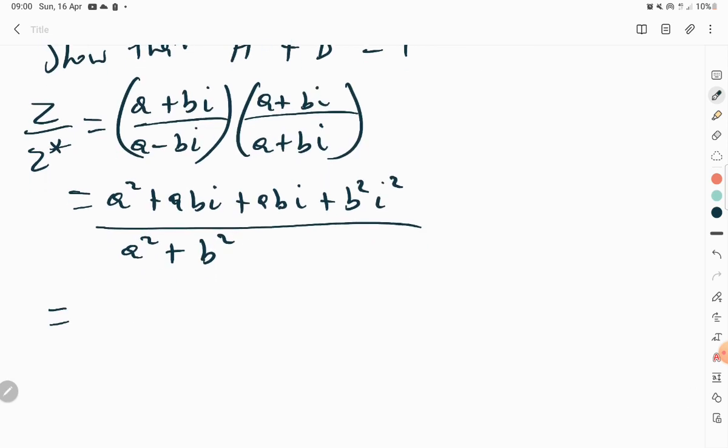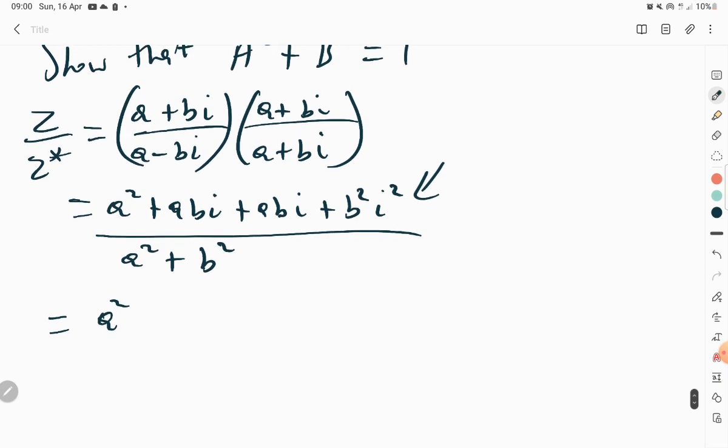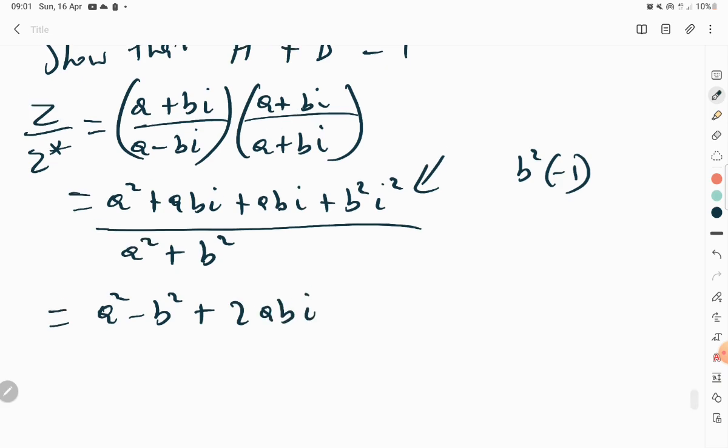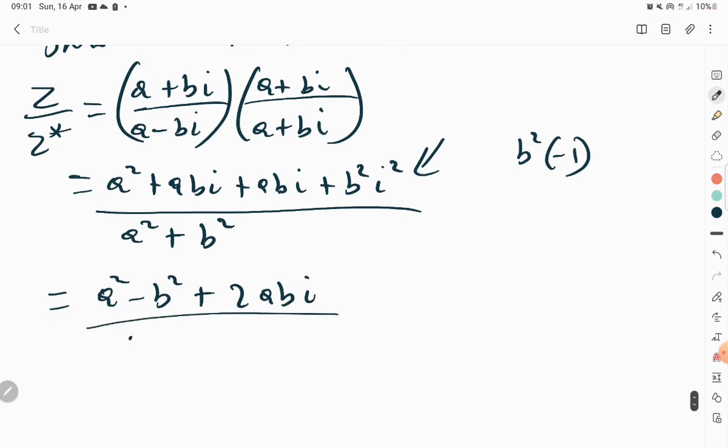In the numerator, we have two real parts: a squared, then minus b squared, because i squared becomes minus 1. On the other side we have the imaginary terms, which is just 2abi, divided by a squared plus b squared.